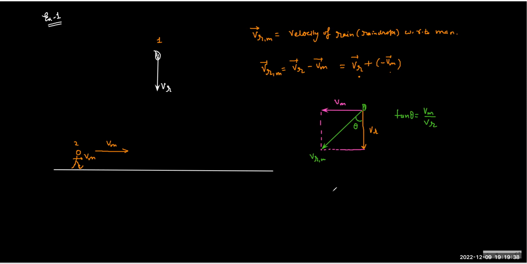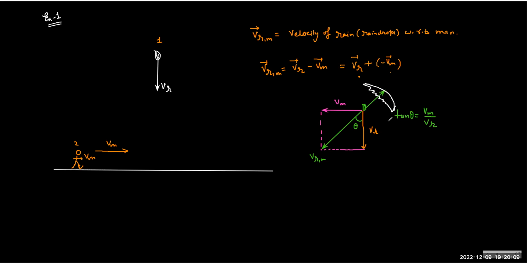Generally, they ask how to hold the umbrella to prevent yourself from getting wet. So to prevent yourself from getting wet, your umbrella must be stopping the drop as you perceive it. Okay. So your umbrella should be like this. A small umbrella.